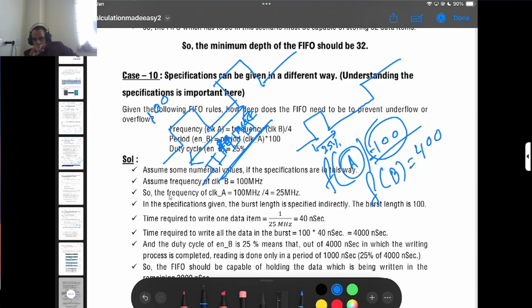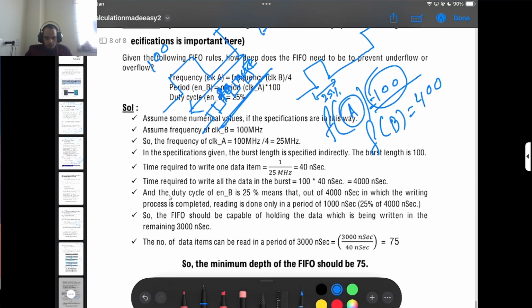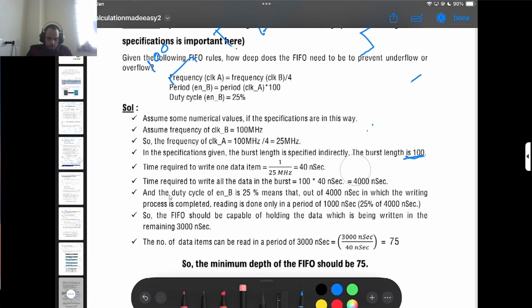Here is also one more problem, so let's see the solution. Here we take a burst length of 100. Assume clock A is 125 megahertz, and 25 megahertz.